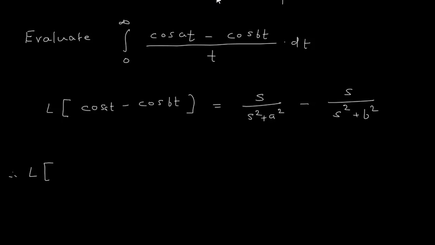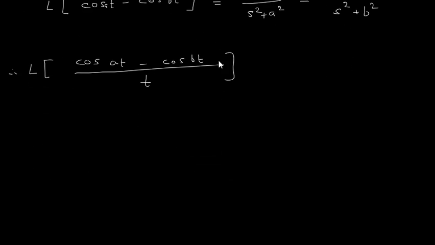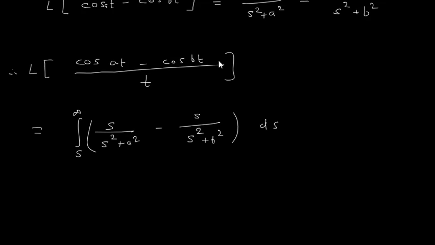Therefore, Laplace of cos at minus cos bt whole divided by t will be equal to the integration from s to infinity of s upon s square plus a square minus s upon s square plus b square into ds.